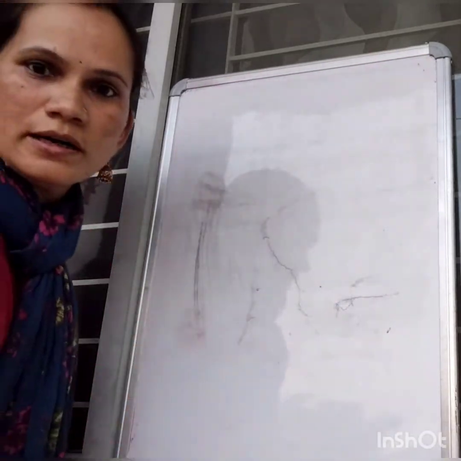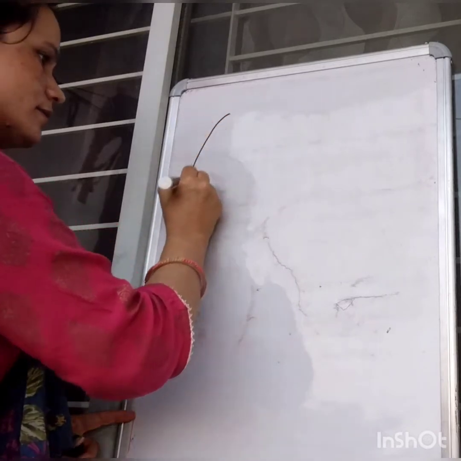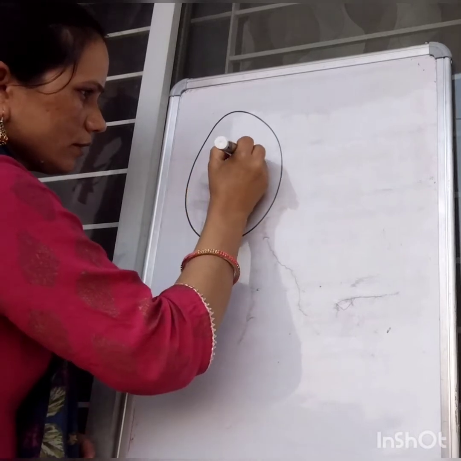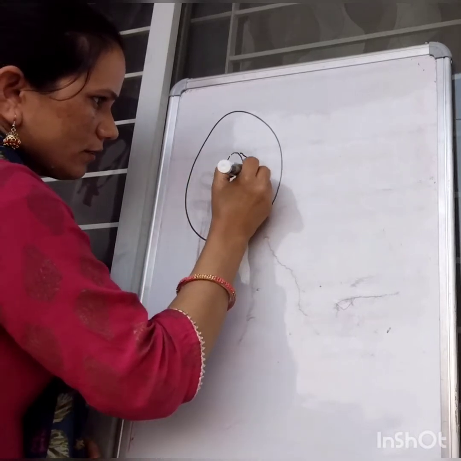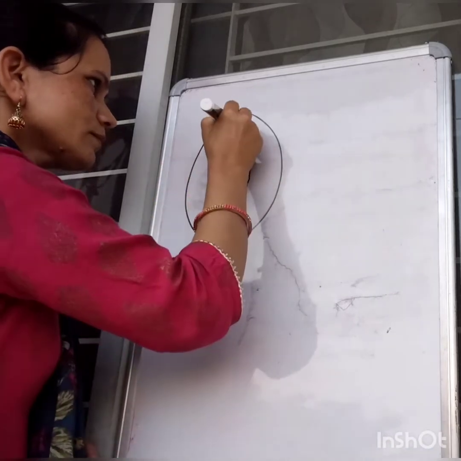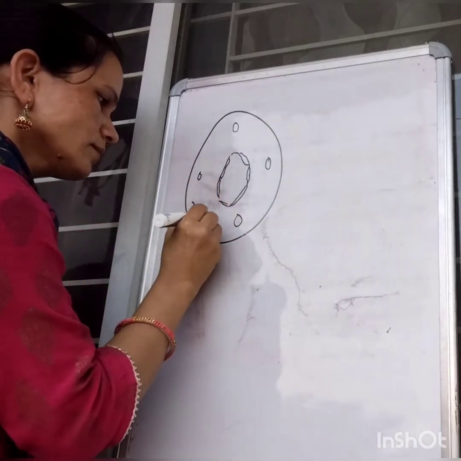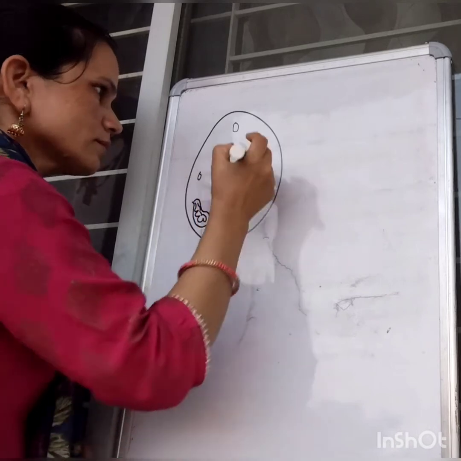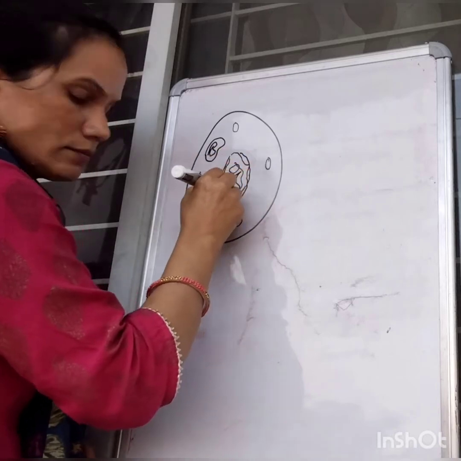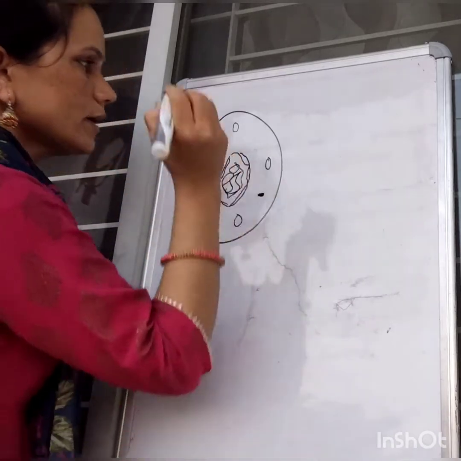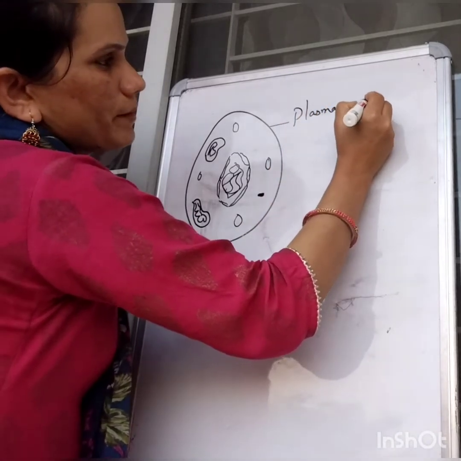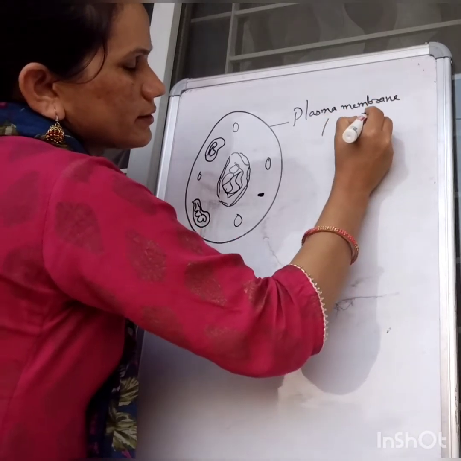I am going to draw a rough, simple structure, and here it is. You can see this is the plasma membrane, or we can call it the cell membrane.